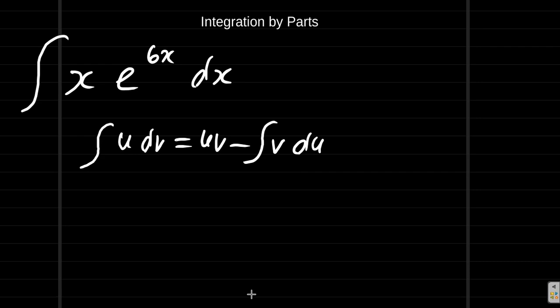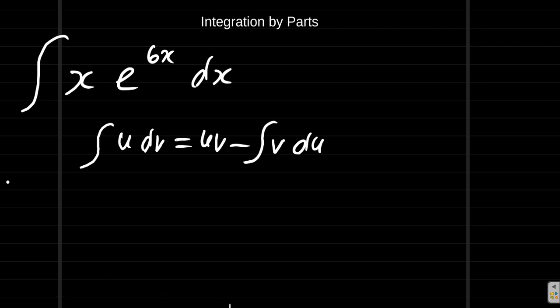Now, which one of them, when differentiated, gives you a simpler function or a constant? It is x, alright? If you differentiate e to the 6x, you're going to have 6e to the 6x, which gets you into more trouble because it's more complicated than when you started. But when you differentiate x, you get 1, which is a lot simpler.